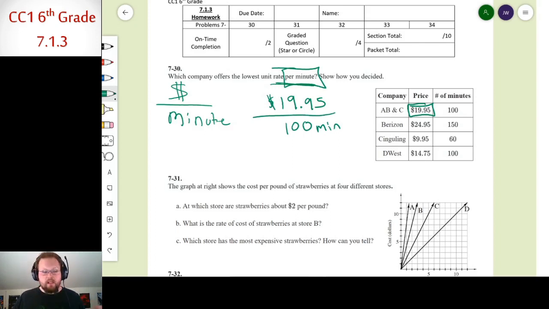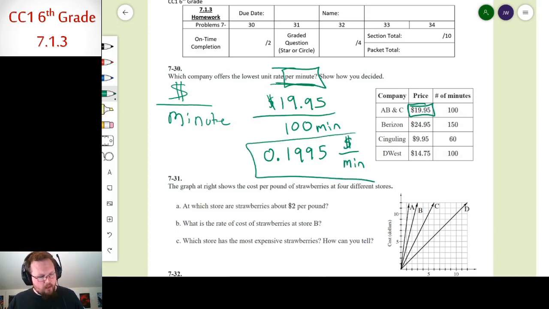Keep the decimals, please. When you divide this, you get 0.1995, and this is a unit rate in dollars per minute. And so if it is $0.19, you could also consider that 19 cents per minute if you wanted to. But keeping it all the same, like $0.1995 per minute, will help you out.